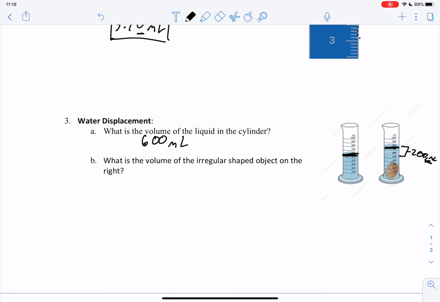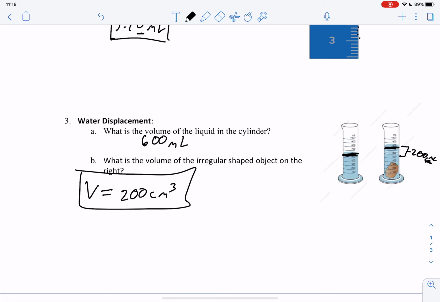It went up 200 milliliters, so we can say that the rock is 200 centimeters cubed. We just did 800 minus 600, and I converted it to centimeters cubed for solids.